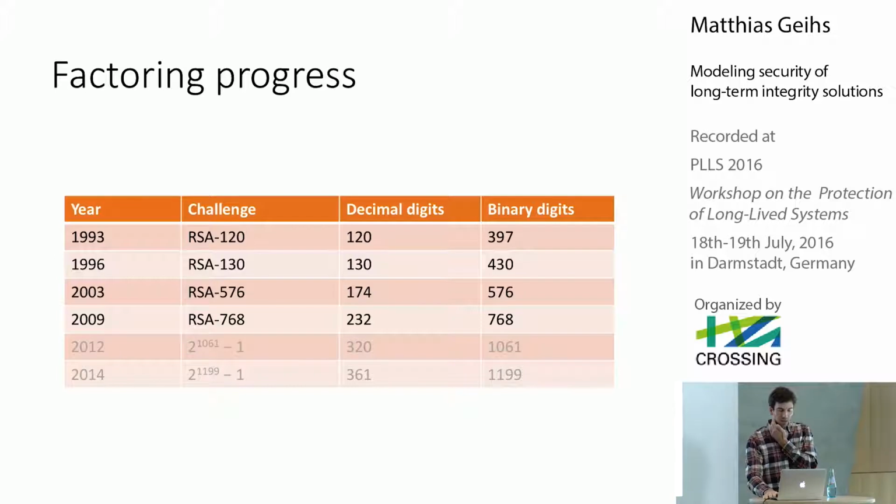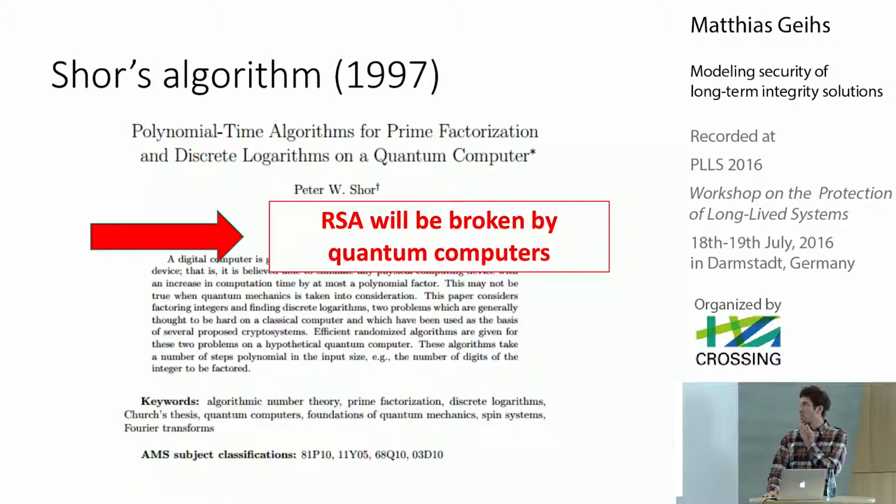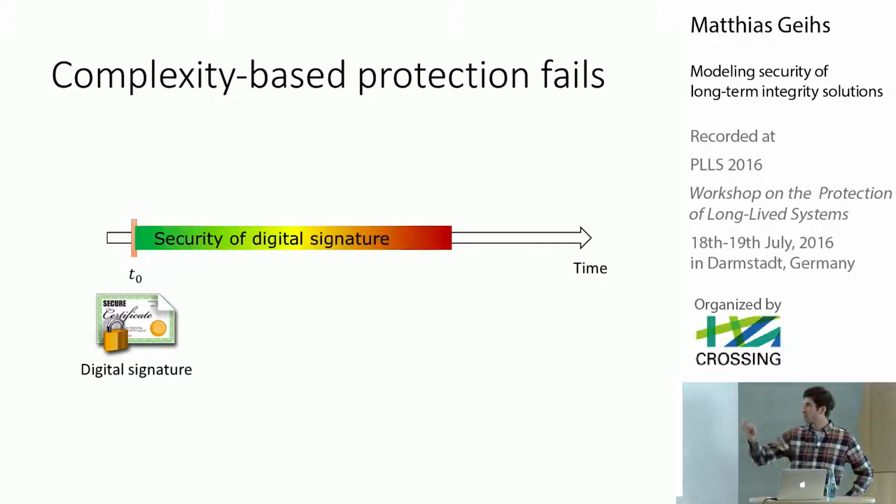Another example is Shor's algorithm. This tells us basically that if we have quantum computers, then we have no security based on RSA anymore, because it is just broken no matter what the security parameter is. So the typical schematic is, when we use complexity-based digital signatures, we can expect some lifetime, which is depicted by this colored graph.